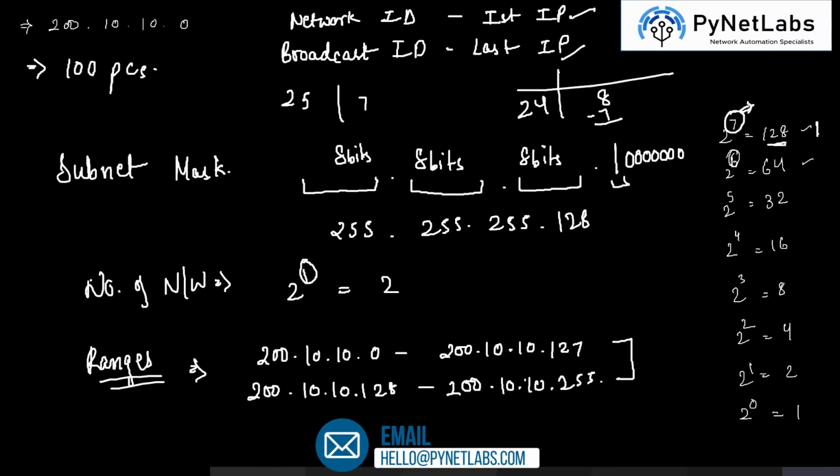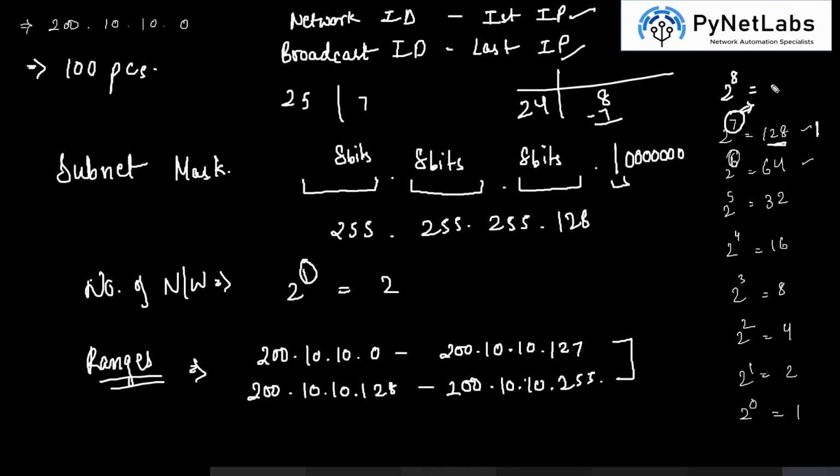So in the case of more than 200 PCs, you don't have to do the subnetting. You can use the whole IP range. If we extend the master formula to 2 raised to the power 8, you get 256, which is the whole range of an IP address.